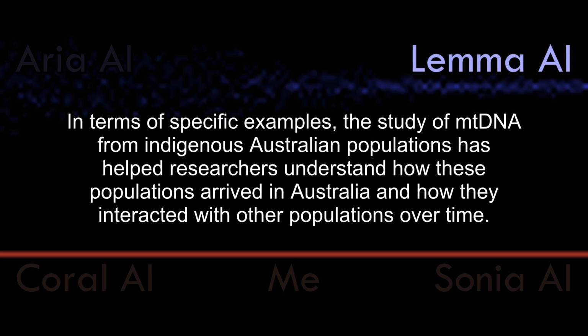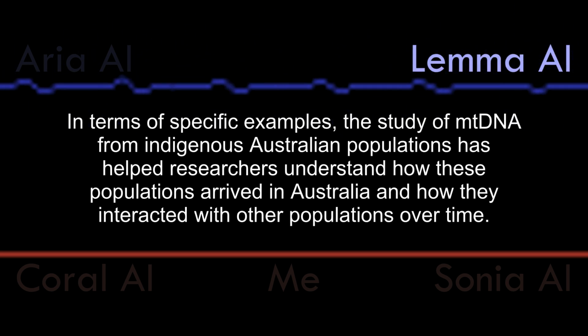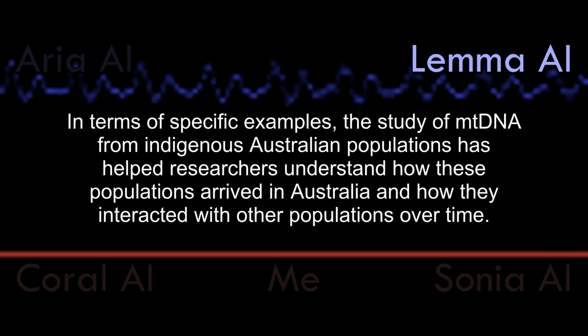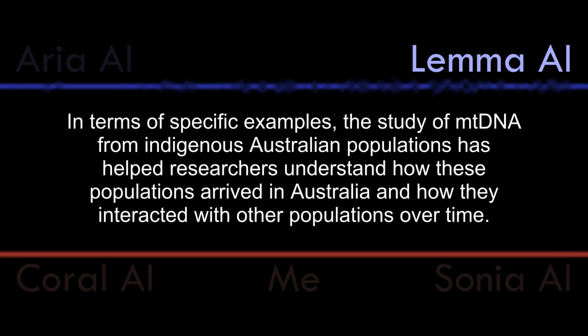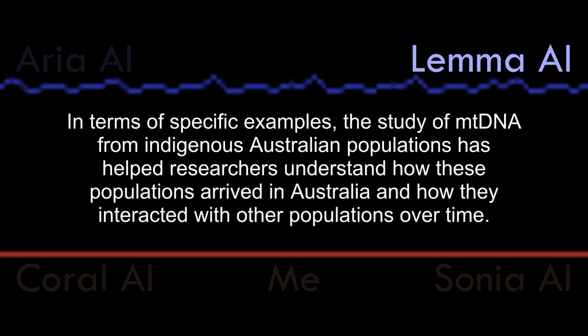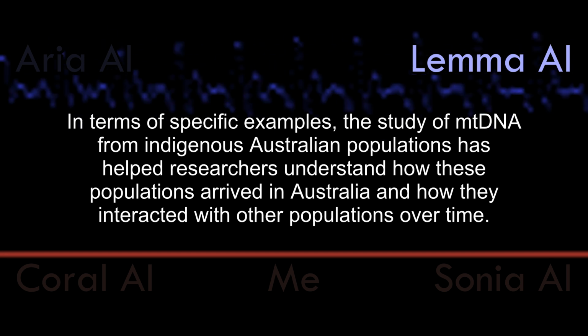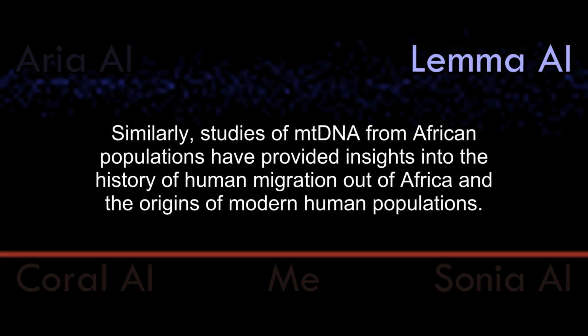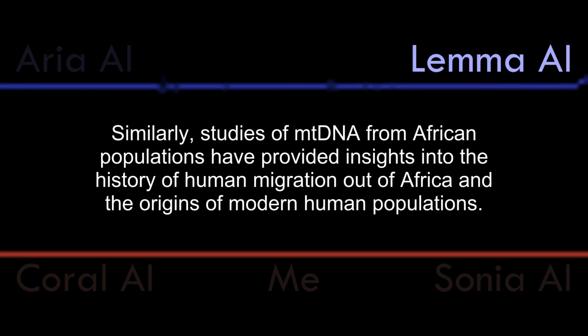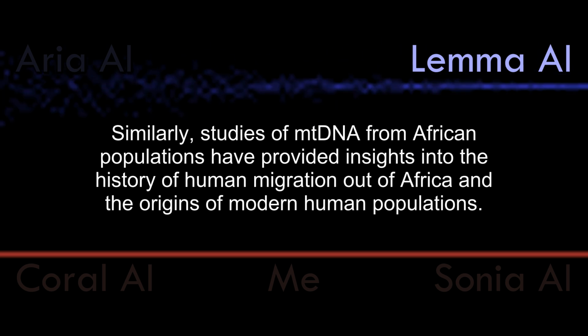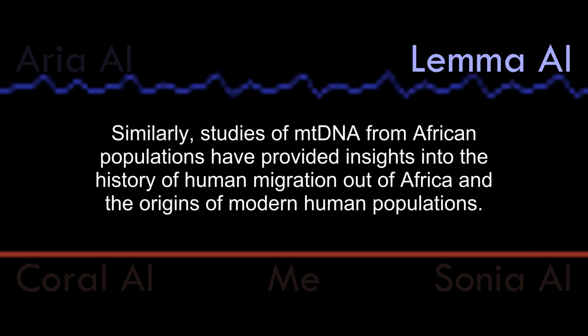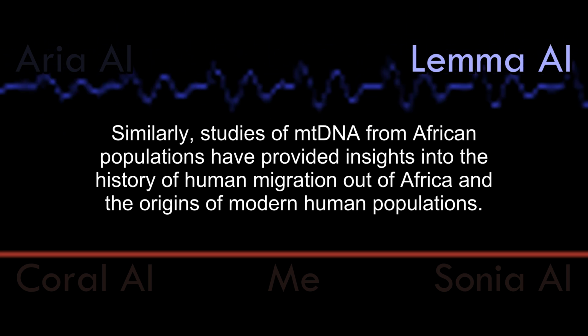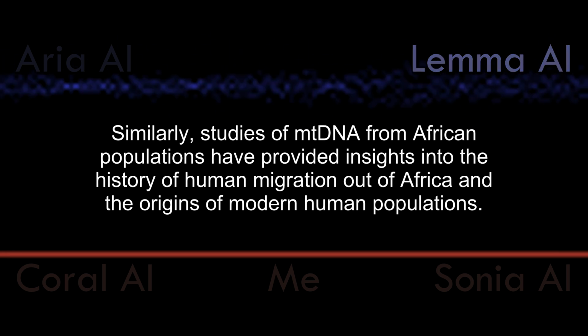In terms of specific examples, the study of mtDNA from indigenous Australian populations has helped researchers understand how these populations arrived in Australia and how they interacted with other populations over time. Similarly, studies of mtDNA from African populations have provided insights into the history of human migration out of Africa and the origins of modern human populations.